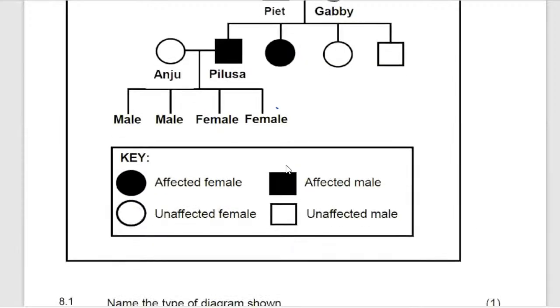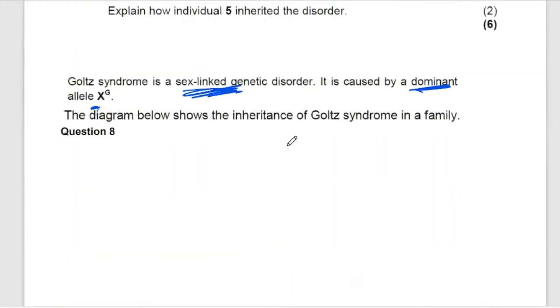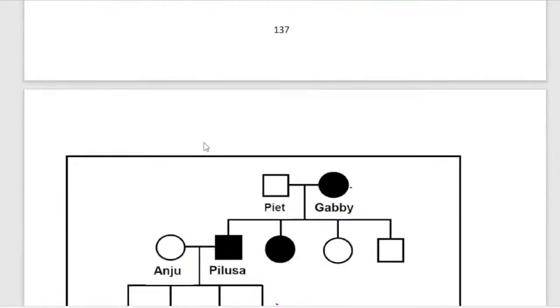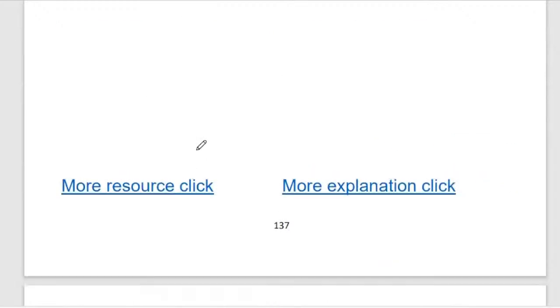Remember now they're saying that this is affected, and this is also affected. This is unaffected. But don't forget that this syndrome is caused by a dominant allele. Therefore, these people who are affected are going to have the dominant allele, capital G. They used G, sorry guys.